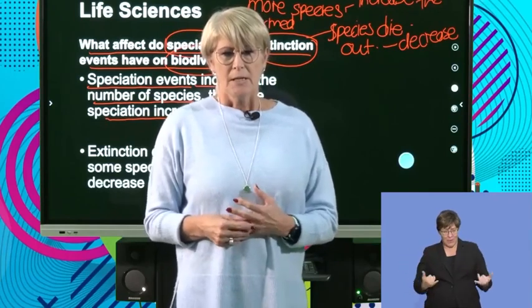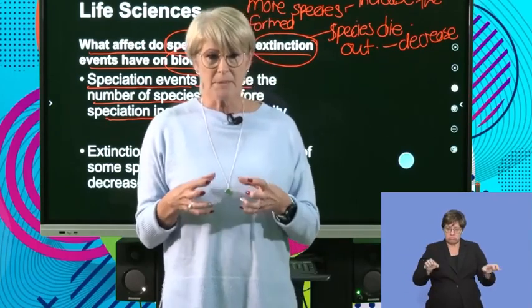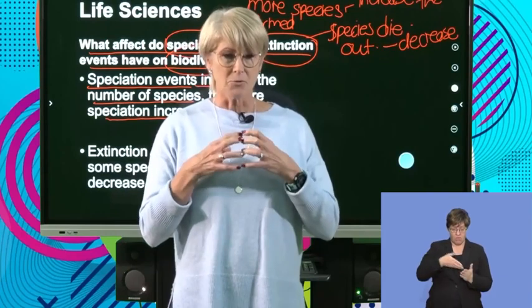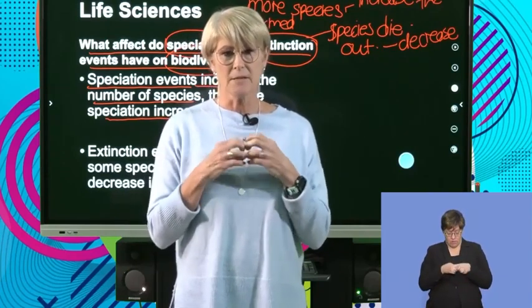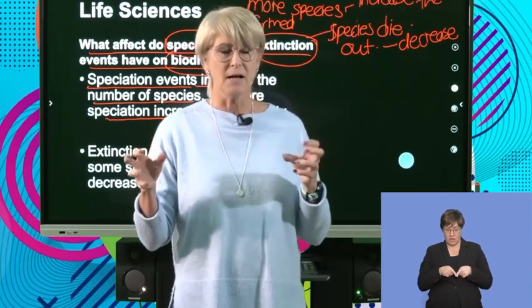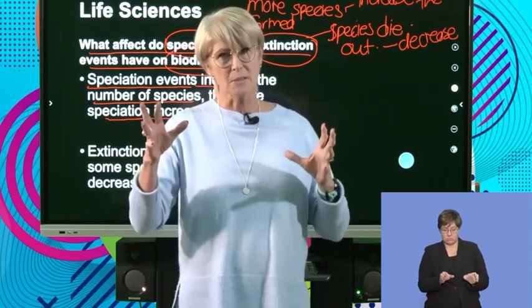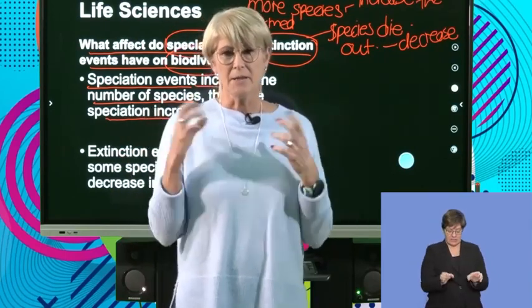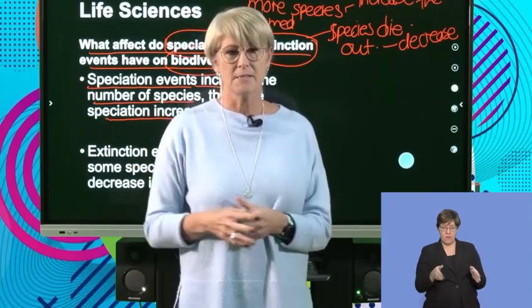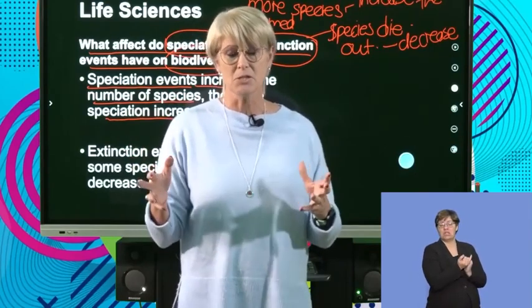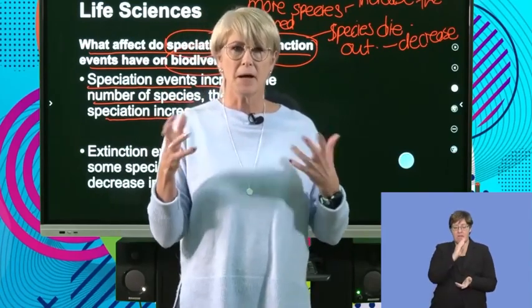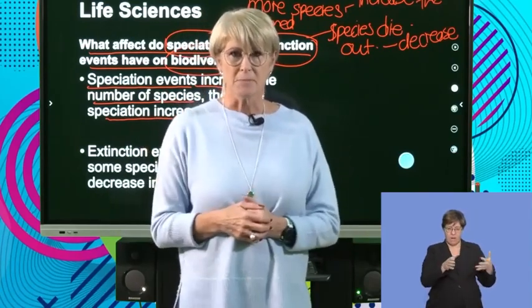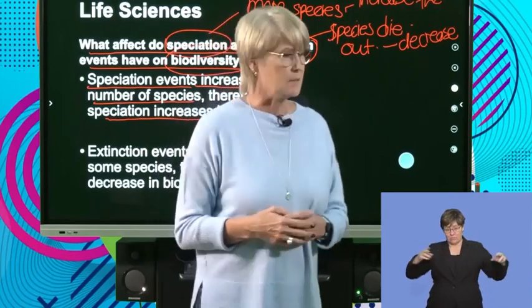This is because there was a speciation event. Either they were geographically isolated, so the group was split on different islands, and when they arrived in those habitats, they found there wasn't much competition and there was lots of available food, so they were able to speciate and become so many more species.